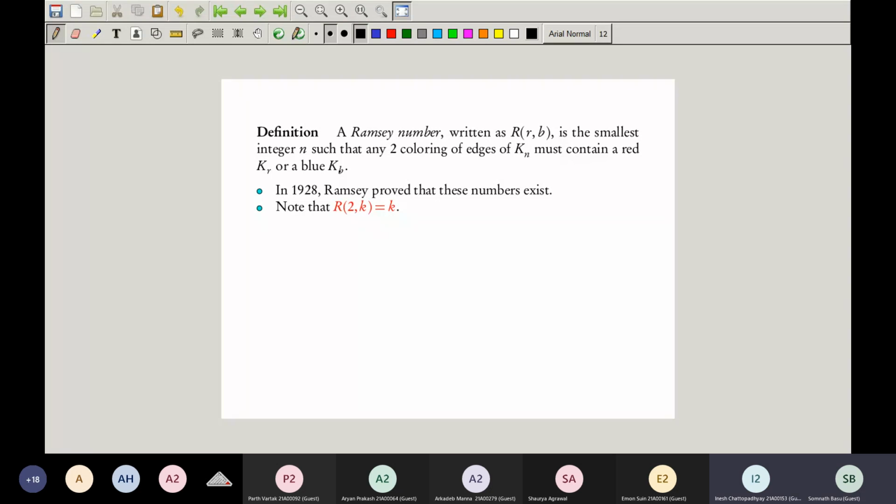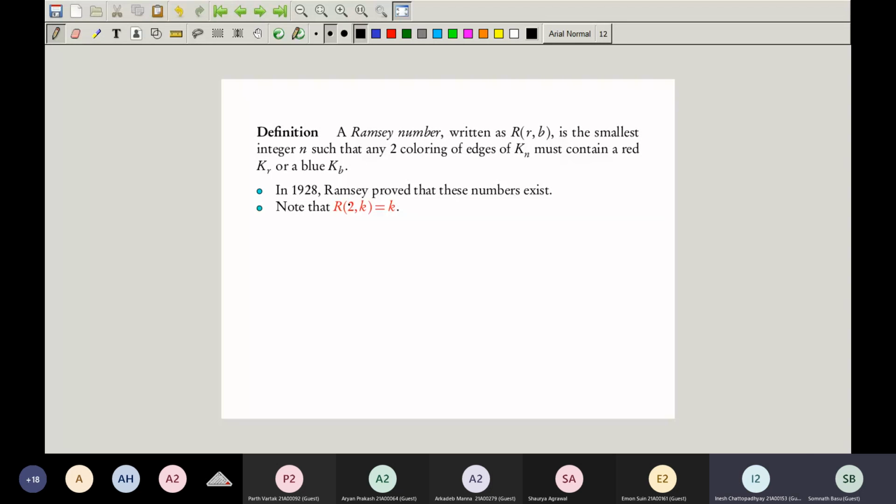So the point is, what is R(2,k)? It is the smallest integer n such that you take any complete graph K_n, you color the edges red and blue, right? If any one of the edges is colored red, you're done because that's a red K2. This first two is just asking whether there's a red K2. If a red K2 does not exist, every edge has to be colored blue because we only have two colors.